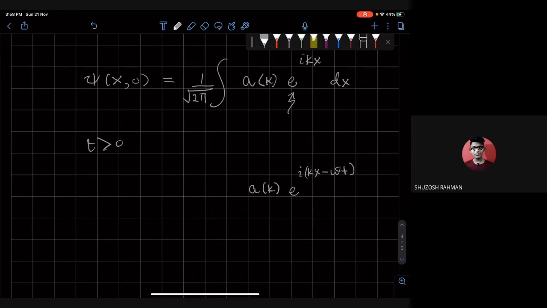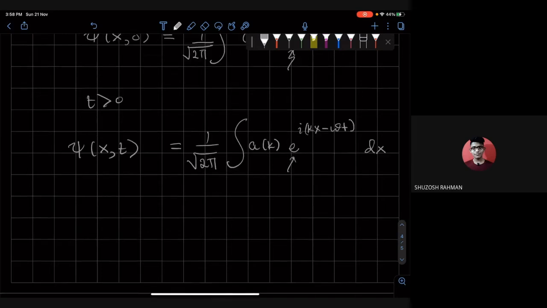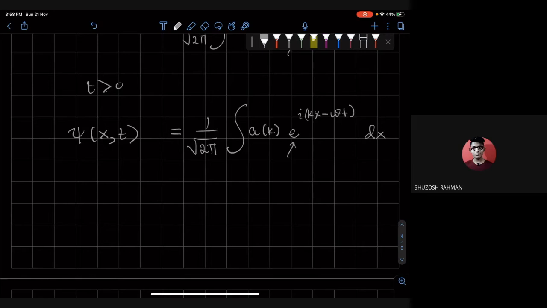And because each of these factors is a solution to the Schrodinger equation, because the Schrodinger equation is a linear differential equation, any arbitrary linear combination will also be a solution. And therefore, this expression, which is now a function of both x and t, is a bona fide solution to the Schrodinger wave equation.